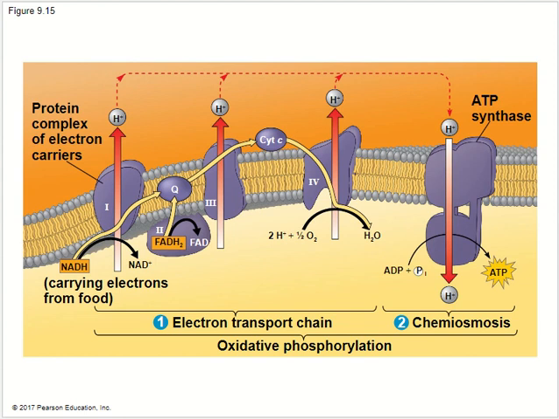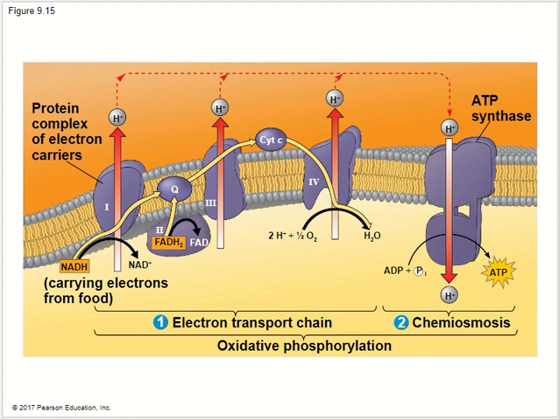All right, we have our complex series of transferring our electrons, originally from our food molecules, within this transport chain, helping pump protons out into the intermembrane space, causing a huge gradient that, by chemiosmosis, forces hydrogen ions to go through ATP synthase back into the matrix, but at the same time providing energy that can phosphorylate adenosine diphosphate into adenosine triphosphate.